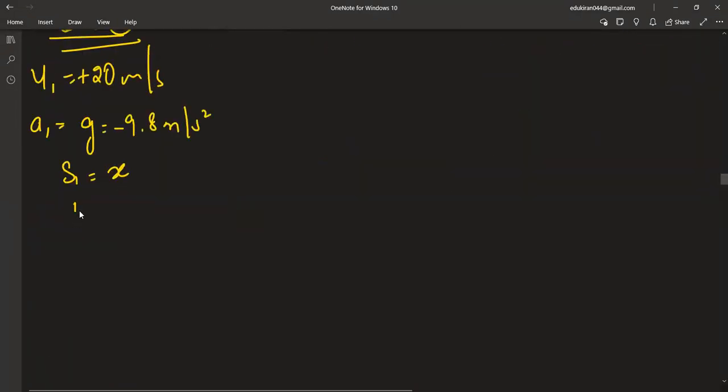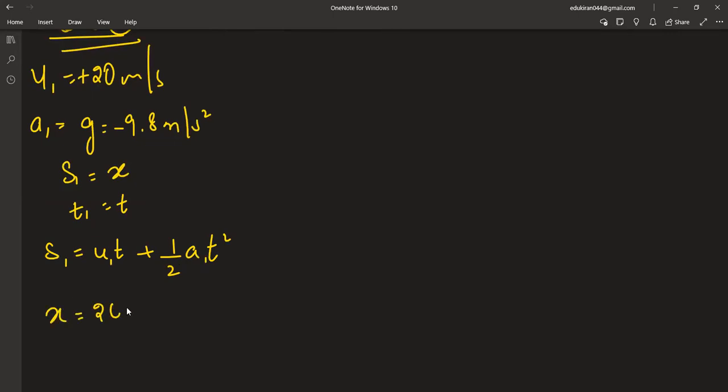And what else? Time we have assumed to be T. So if you use the equation S equals UT plus half AT square, with S1, U1, A1, this becomes X equal to 20T minus half 9.8 T square.